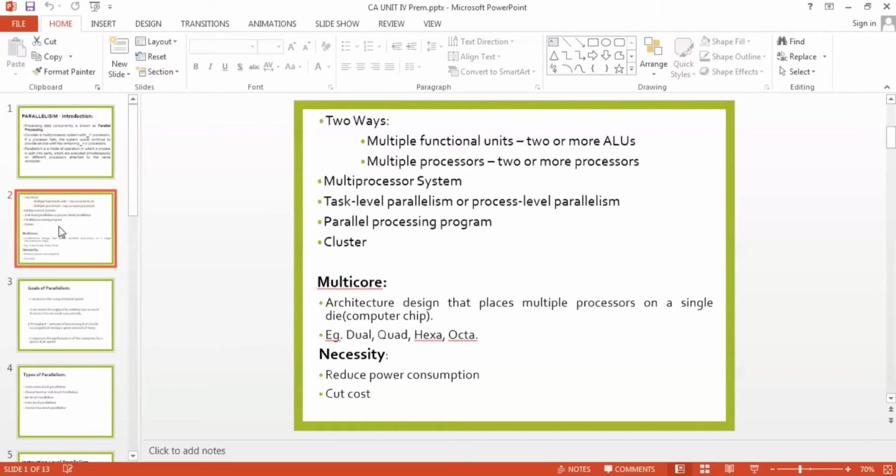In this parallelism method, we have two ways. One is multiple functional units, having more than one ALU, and the other is multiprocessor, where we have two or more processors. In a multiprocessor system, we can use task level parallelism or process level parallelism. What is the meaning of task level parallelism?